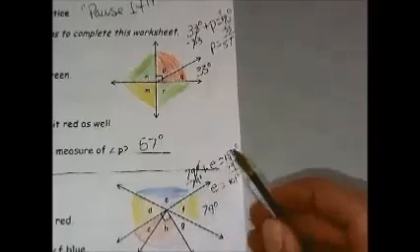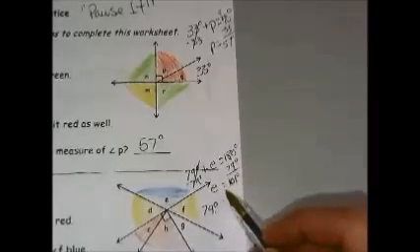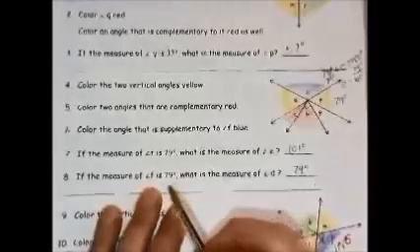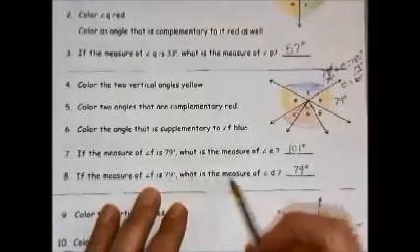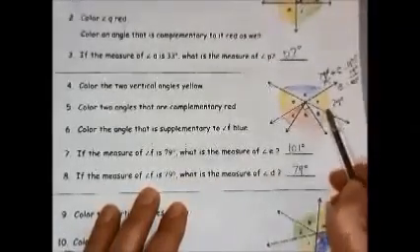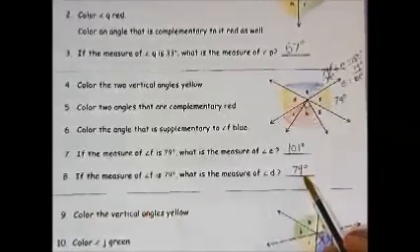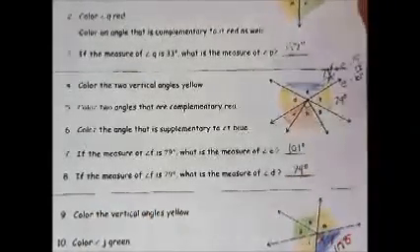So subtract 79 from 180, and I get angle E is 101 degrees. So if the measure of angle F is 79 degrees, what is the measure of angle D? Well, angle F and angle D are vertical angles, and they are congruent, so 79 degrees also.